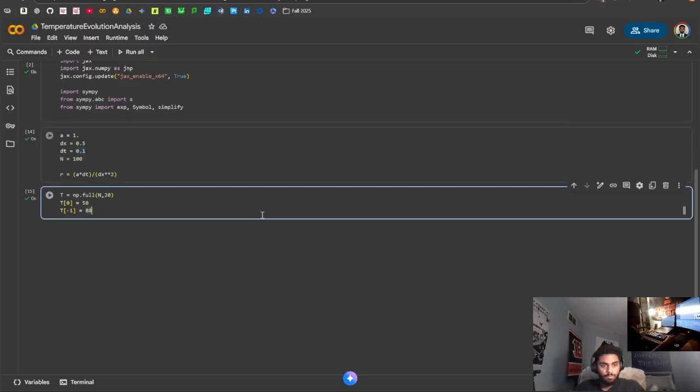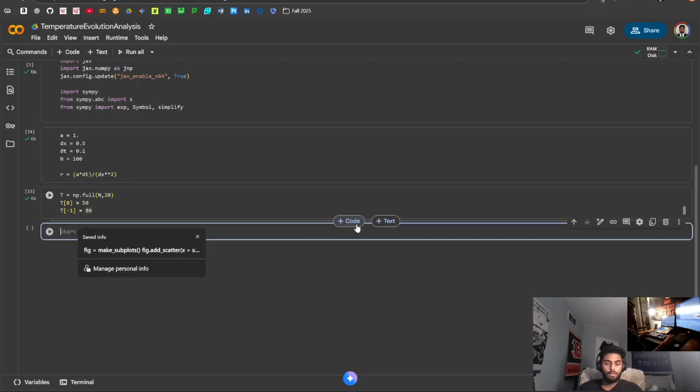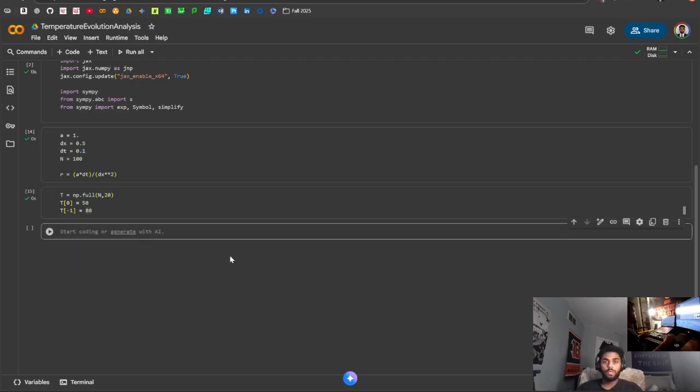So now we've created this array, and that's all fine and dandy. But now, how do we update those values to start creating temperature profiles that lead to our final steady state?